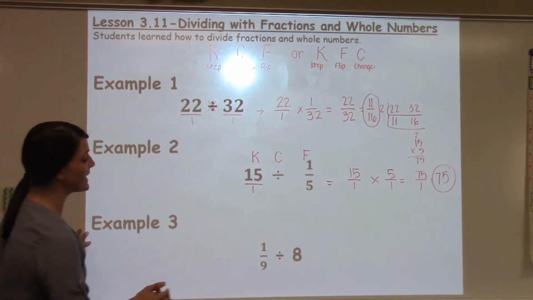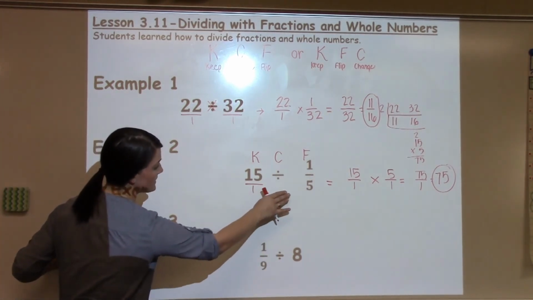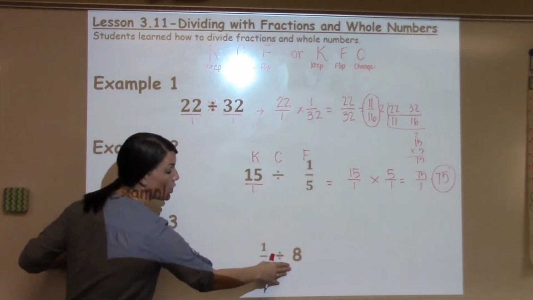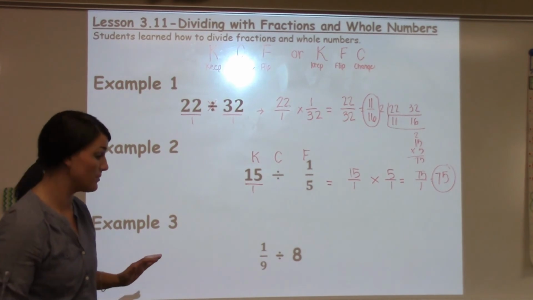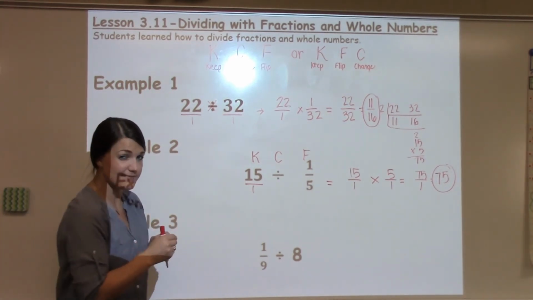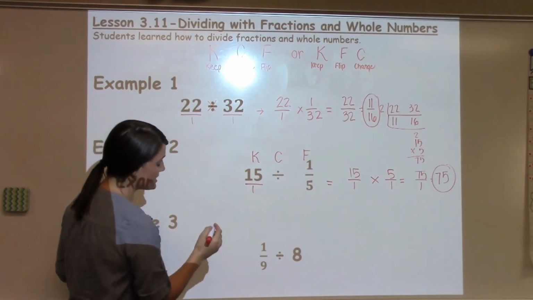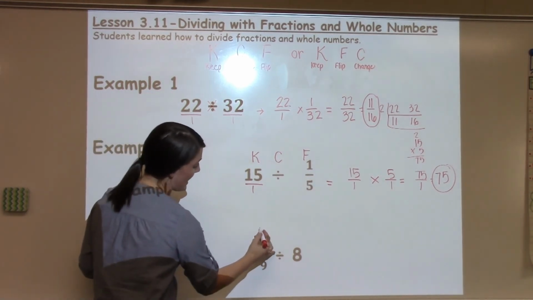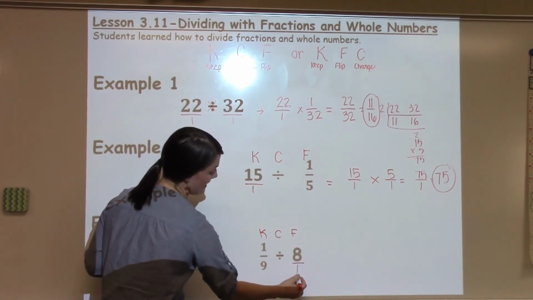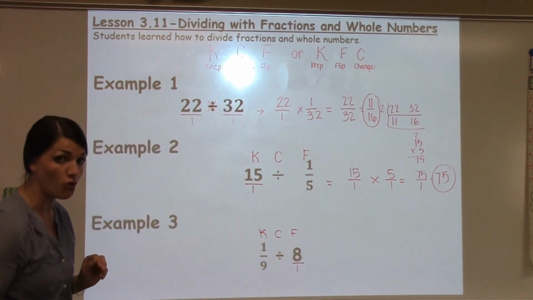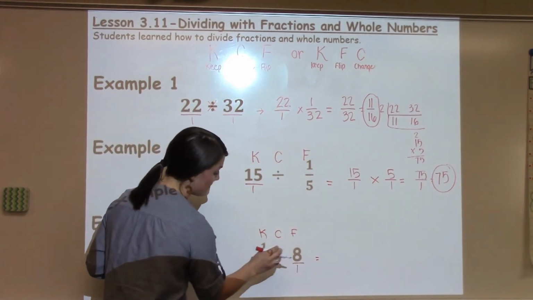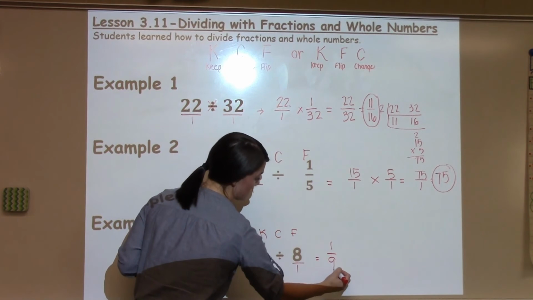And then example 3, notice that this example is different than this one here because the whole number came first in this problem. The whole number comes second in this problem. So what this is going to show is that I'm taking 1/9 and dividing it into 8. So this is going to show me something a little bit different. I still use my same model, keep, change, flip. Always put my whole number over 1 when I'm working with fractions, and I'm going to keep my 1/9 exactly the same.